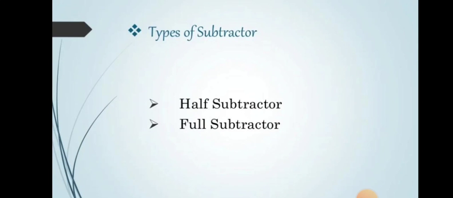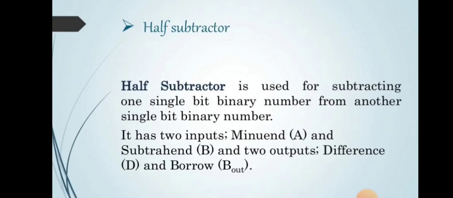Now the types of the subtractor: there are two types, same like the adder. First one is the half subtractor and second one is the full subtractor. Now what is the half subtractor? Half subtractor is used for subtracting one single bit binary number from another single bit binary number.